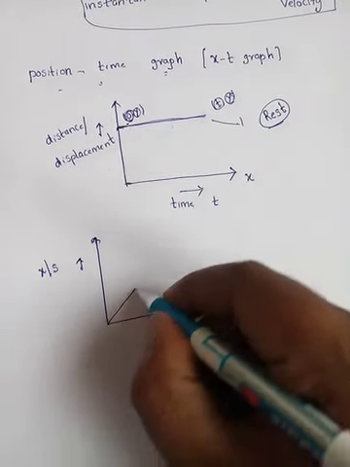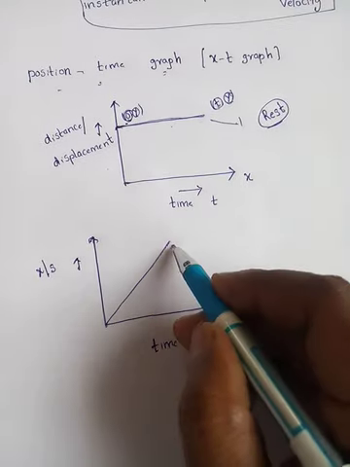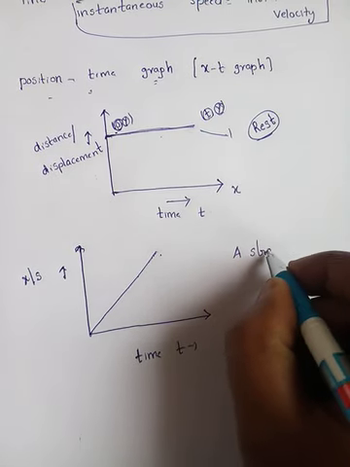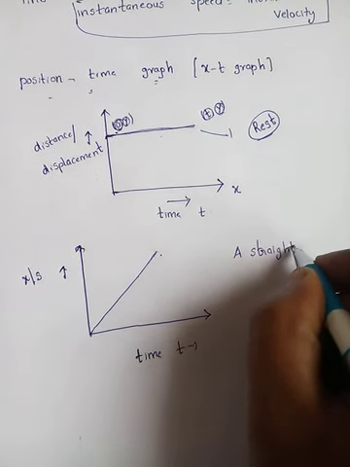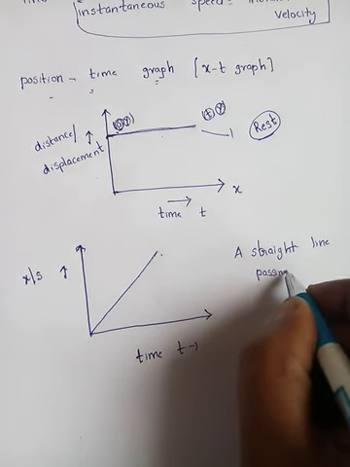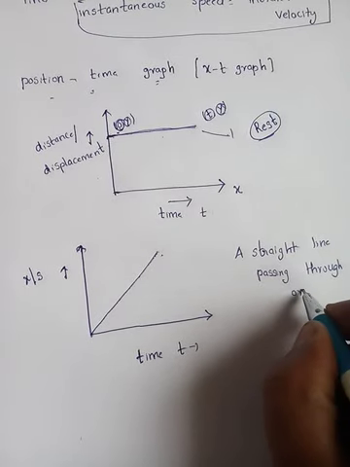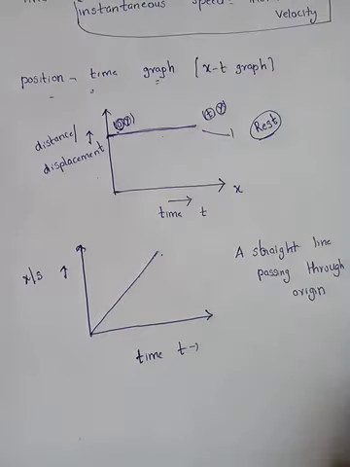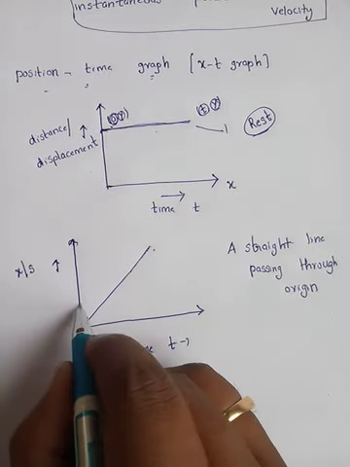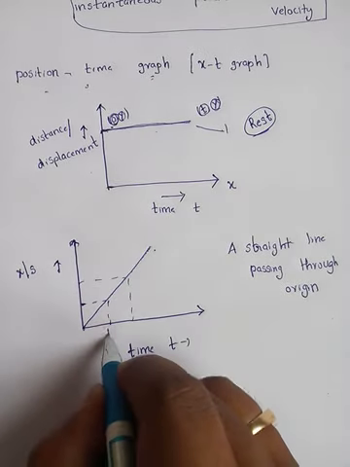For example, a body's motion is represented like this: a straight line passing through the origin. So now what does it represent? Let's see that. I have taken an example.